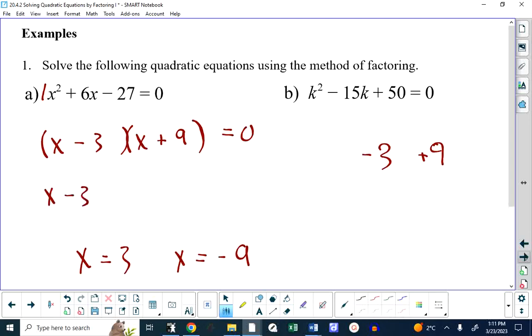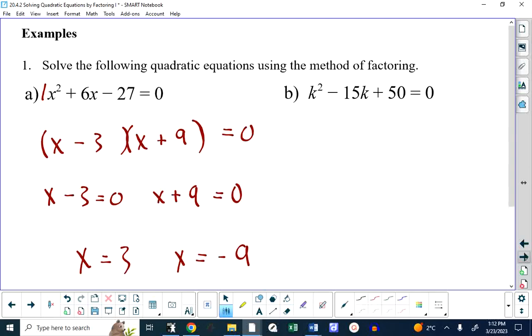X minus 3 equals 0. X plus 9 equals 0. I don't want you to blindly put your faith in anything anybody tells you, but please trust me on this. If you don't get in the habit of doing that now, it's going to cause serious problems in your understanding of math and your ability to do math later. Okay, just believe me. So the two answers are 3 and negative 9.